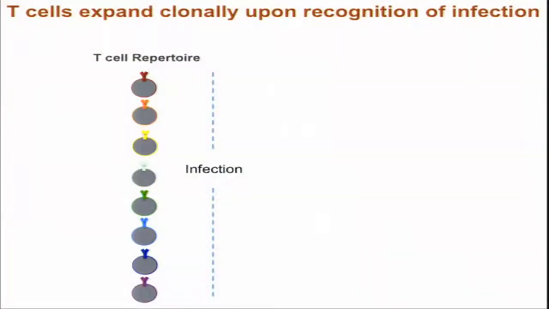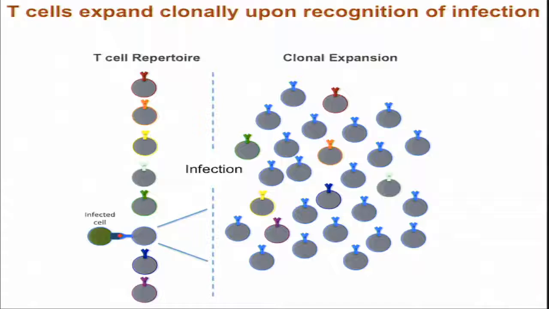So you start with many T cells, each one with its own T cell receptor, which you can see as indicated by colors. So each one has its own specificity. Upon infection, some of these T cells will recognize an infected cell, and it will undergo a process known as clonal expansion.